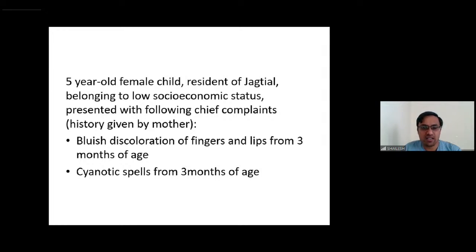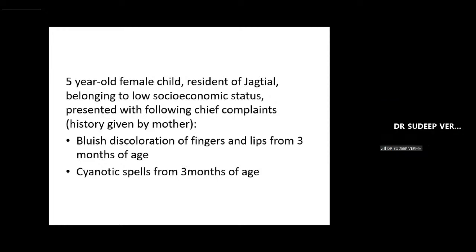And if there is RVOT obstruction, there can be an increase in the severity of the stenosis, sir. Also importantly, there can be functional as well as anatomical closure of a patent duct, sir. So all these features can lead to the appearance of cyanosis at around 3 months of age.